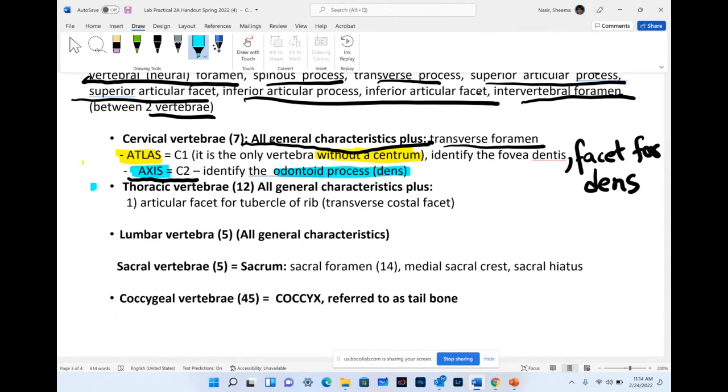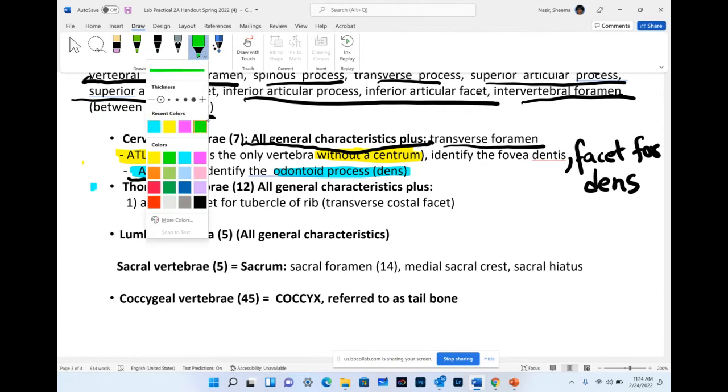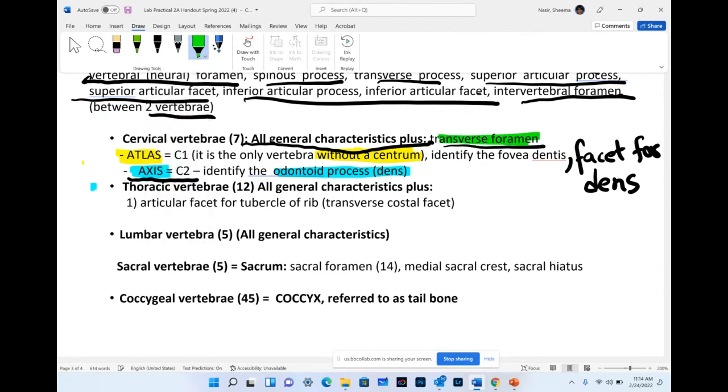Do you understand? They all are going to have transverse foramen. General to all of the cervical vertebra is transverse foramen. However, axis is going to have odontoid process or the dens.